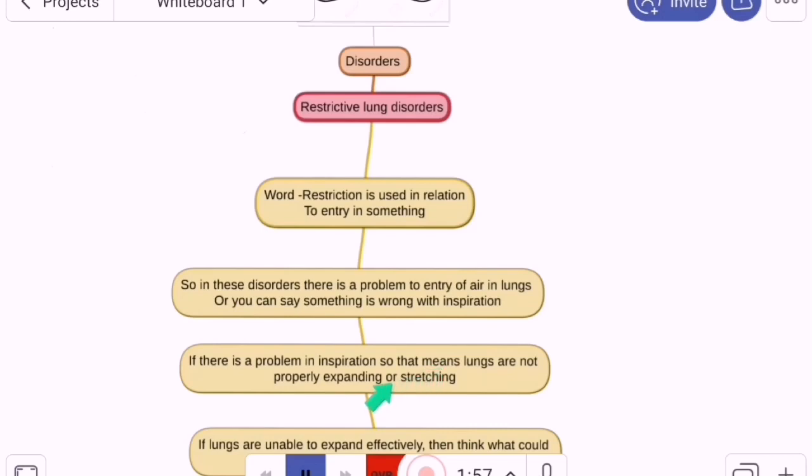And that is how we complete a successful inspiration. But the most common reason, if a person is not able to inspire air, is that the stretching of the lungs or the anterior thoracic wall is not happening properly.